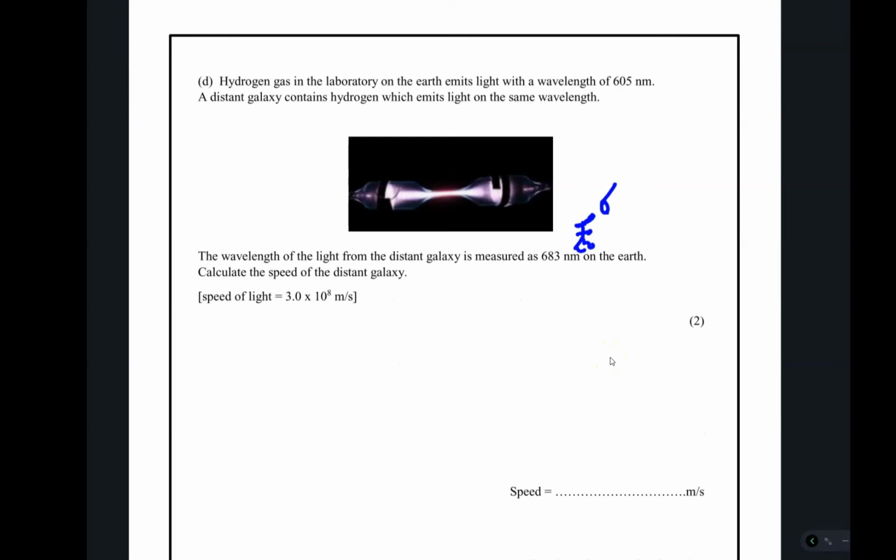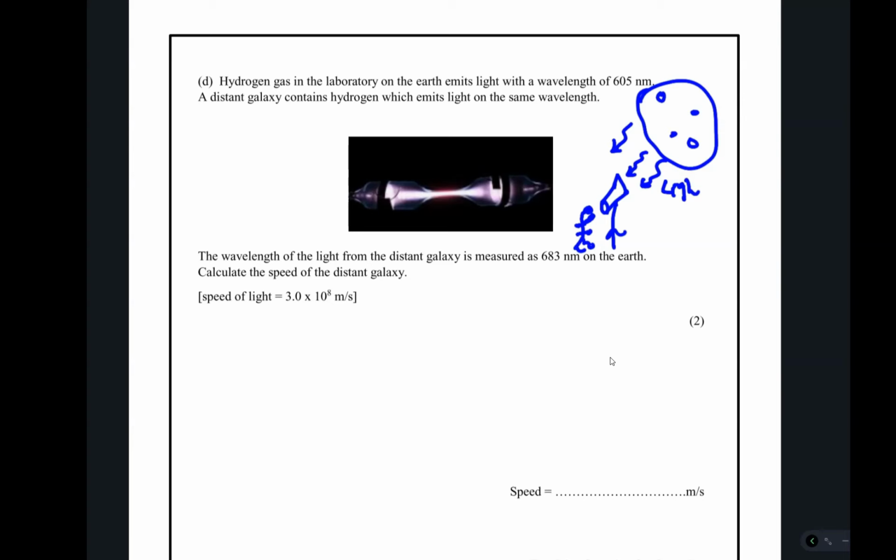And now, we are observing the universe from Earth. Then we have the light that's emitted. So when you observe that the wavelength of the light emitted by hydrogen has a different wavelength, that is now Doppler effect. Doppler effect is the change in frequency or change in wavelength when the source of a wave is moving relative to the observer.